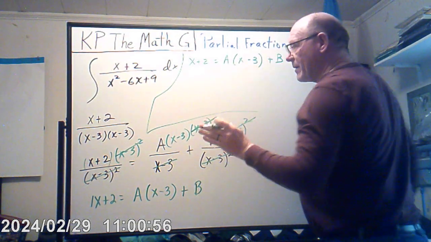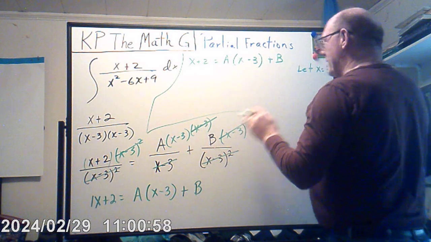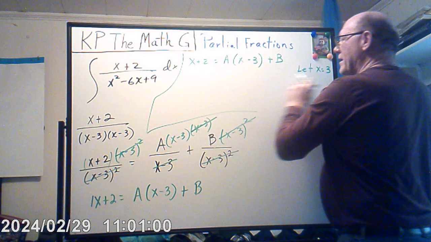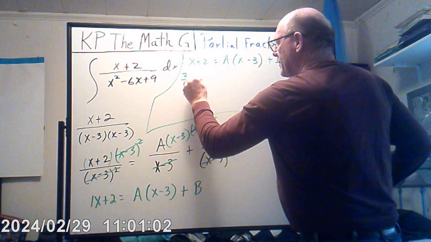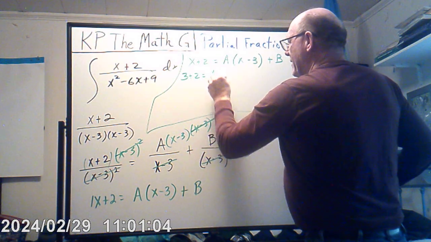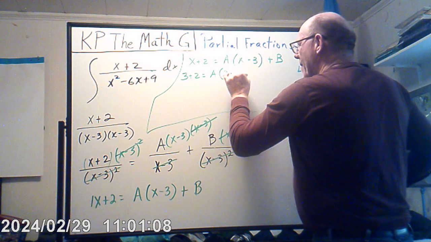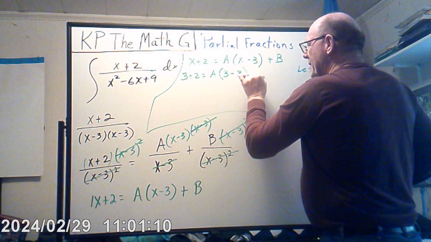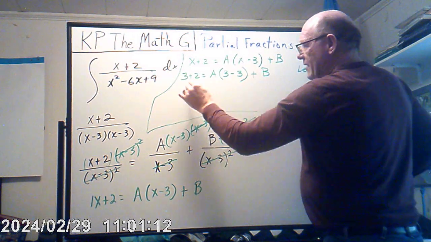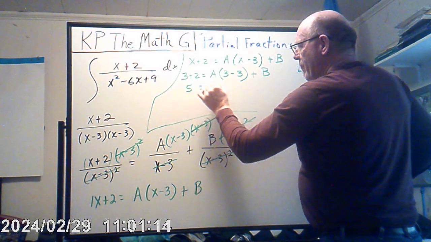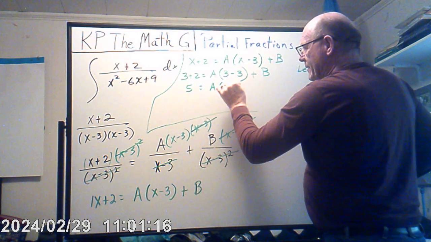So I've got to plug it in on both sides. Wherever there's an x, I'm going to plug that 3 in. So 3 plus 2 is equal to a times 3 minus 3, which we know is 0, plus b. So this is just 5. This is a times 0, which is just 0.